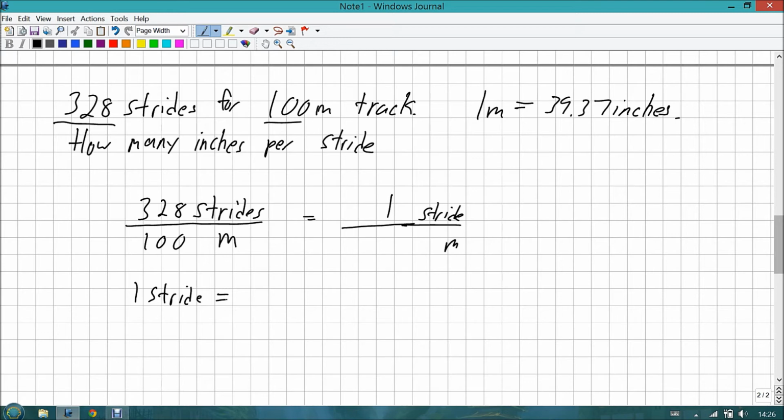Oh, I see what I did wrong here. It's not a 100-meter track, it's a 400-meter track. I'm bad. Okay, there we go. It's a 400-meter track, so one stride would be 328 divided by 400, which gives us 41 over 50.